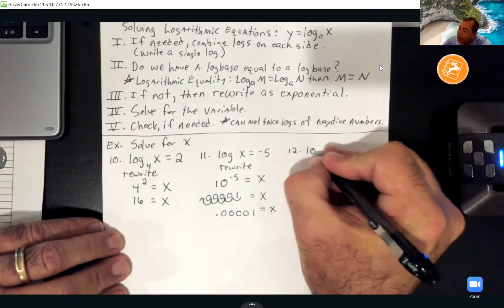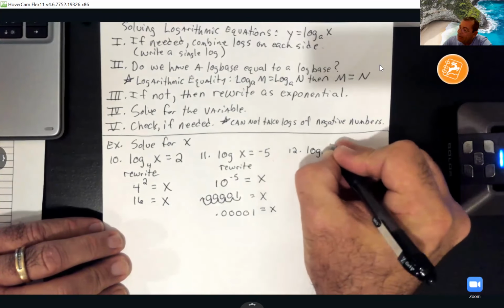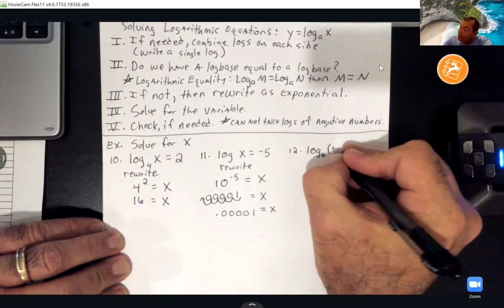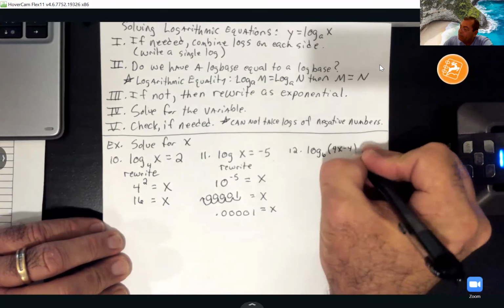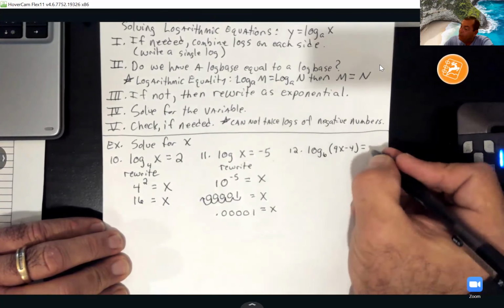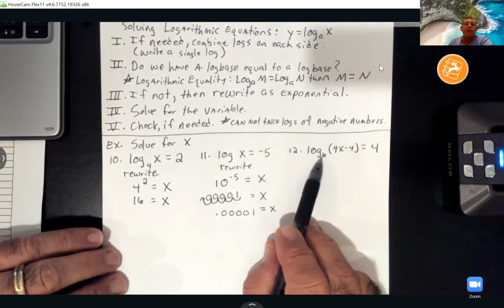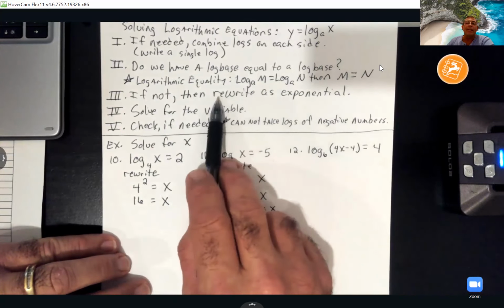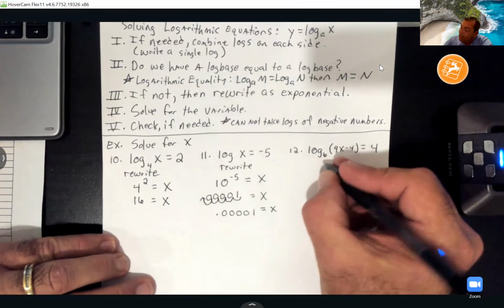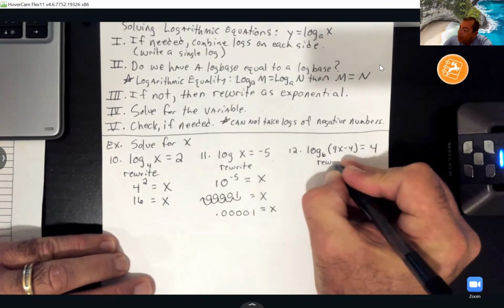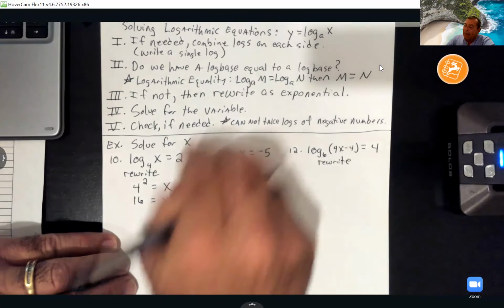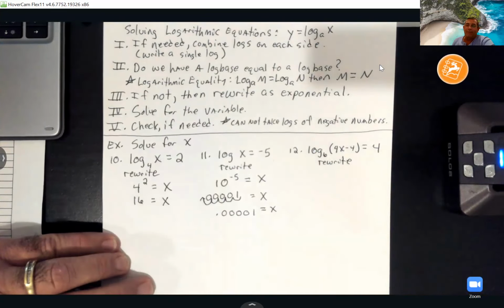All right, here we go. Log base 6 of 4x minus 4 equals 4. Notice, I only got the single log, so I cannot do anything except down here where I rewrite it. They start out doing a lot of rewriting, and then they add steps as you go.